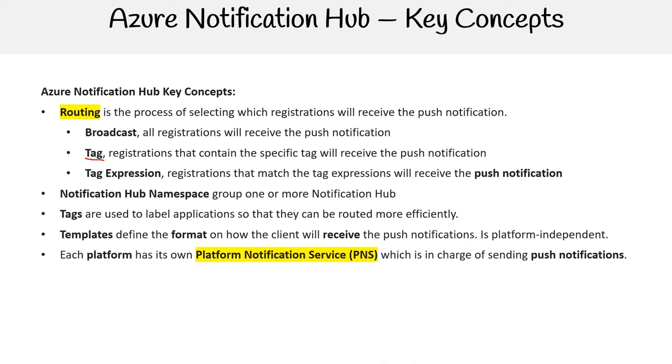Each platform, it says platform independent. So platform specific, I think, is probably a better word there. Each platform has its own platform notification service, which is in charge of push notifications. So the idea is that Azure Notification Hub is just basically an adapter to a variety of services that are offered by these other telecom or notification companies. Okay.